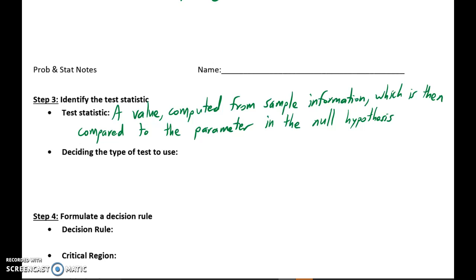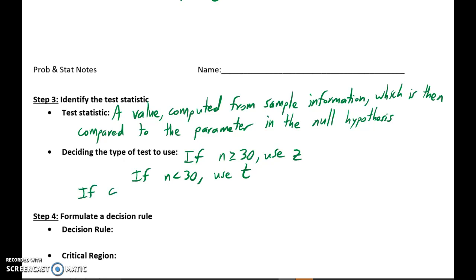Now, in step 3, you're basically just telling us which test to use. And there are 4 of them we're going to do. This is basically how we do it here at Greenwood. If n is greater than or equal to 30, we're going to use a z-test. If n is less than 30, we're going to use a t-test.